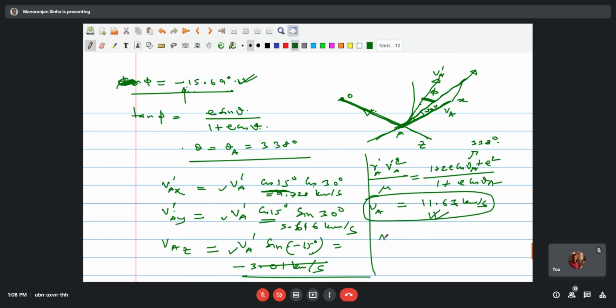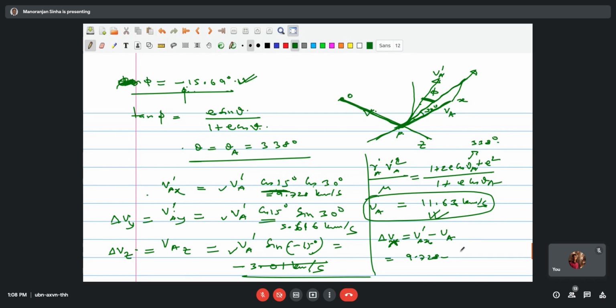So the total impulse required: this becomes your delta Vz, this becomes delta Vy, and for delta Vx we need to write delta Vax prime minus Vx. So this is 9.728 minus the original velocity 7.905.